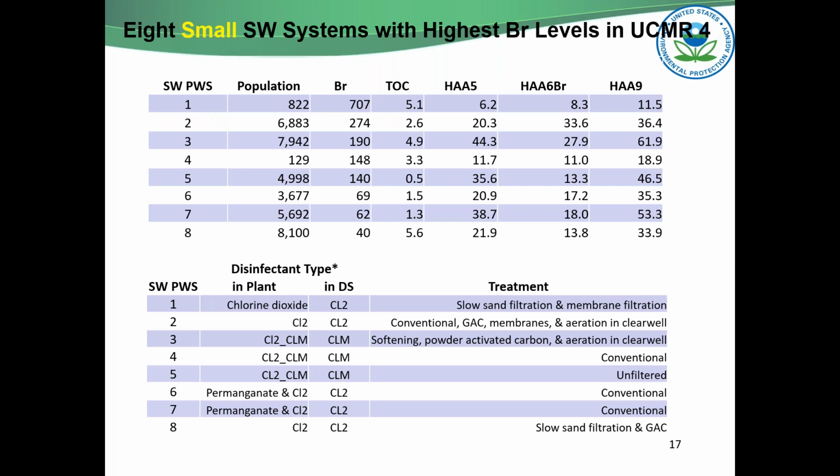But you can see here some features that are revealing. The two systems that have the high TOC, 1 and 3, have significantly different concentrations of the haloacetic acids among the different groups.